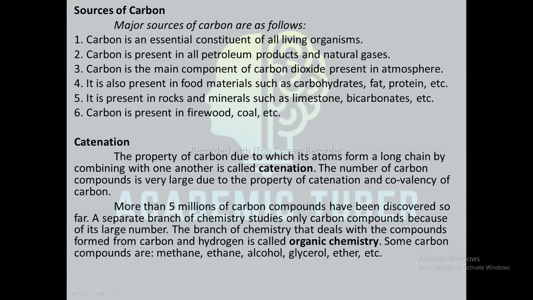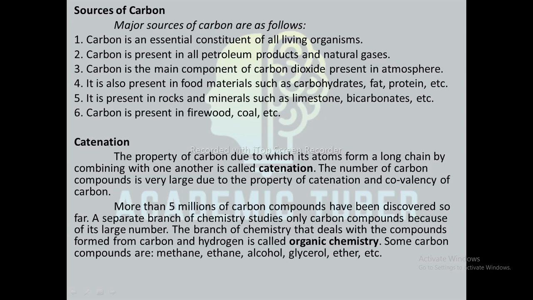More than 5 million carbon compounds have been discovered so far. A separate branch of chemistry studies only carbon compounds because of their large number. The branch of chemistry that deals with the compounds formed from carbon and hydrogen is called organic chemistry.